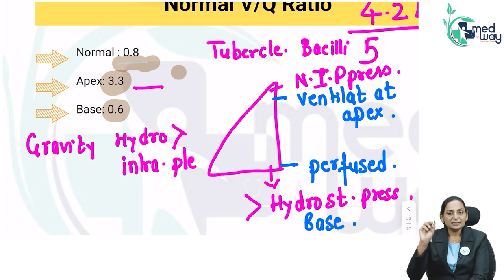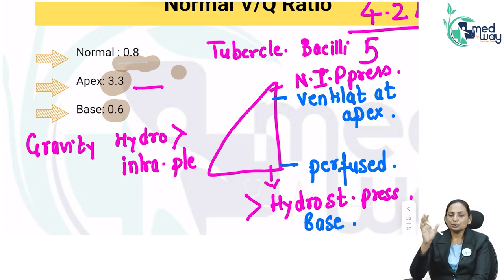So I repeat, the lungs are subjected to gravity. Both the intrapleural pressures and the hydrostatic pressures are affected by gravity. Hydrostatic pressures are affected more as compared to the intrapleural pressures. So we can conclude that the lungs are better perfused at the base and better ventilated at the apex, and the V by Q ratio is more at the lung apex and less at the base.